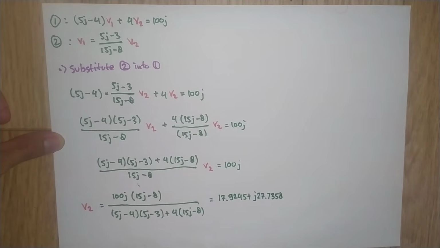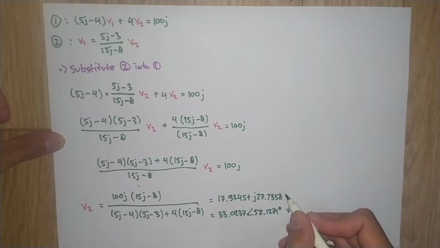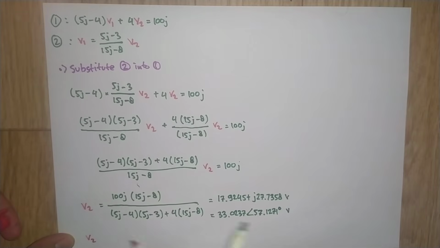This is in Cartesian coordinate, or in the phasor or polar coordinate, this will be 33.0237, and the angle is 57.1271 degrees, and the unit is volt. Now because this is in frequency domain, we need to take it back into time domain. So V2 in time domain.